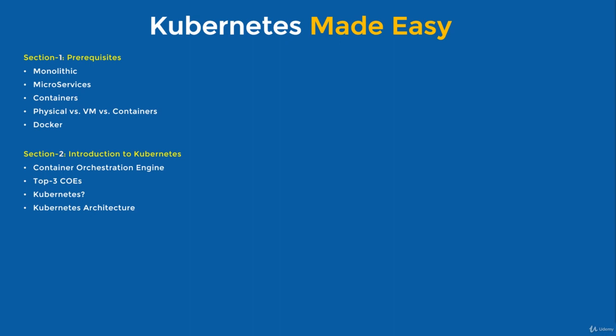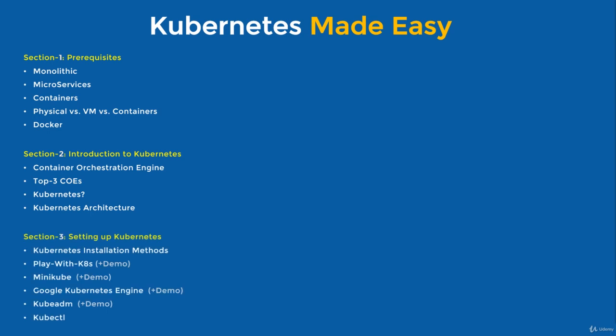After that, in section 3, we'll set up the Kubernetes environment. In this section, I'll show you 4 different ways that you can set up and start using Kubernetes. It includes Minikube, Play with K8s, Google Kubernetes Engine, and KubeADM.